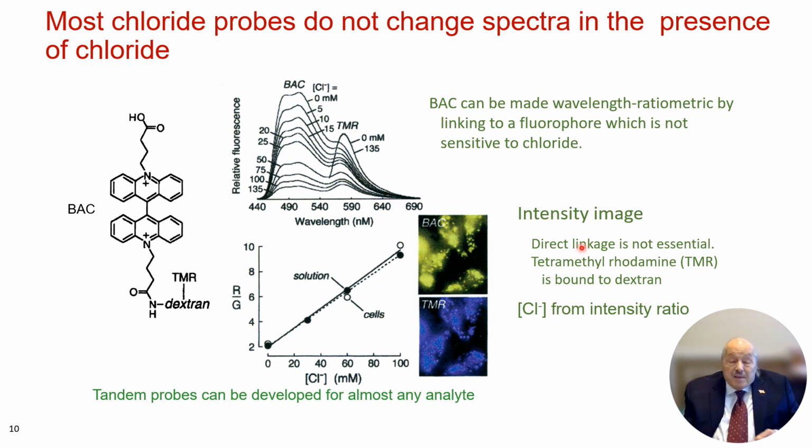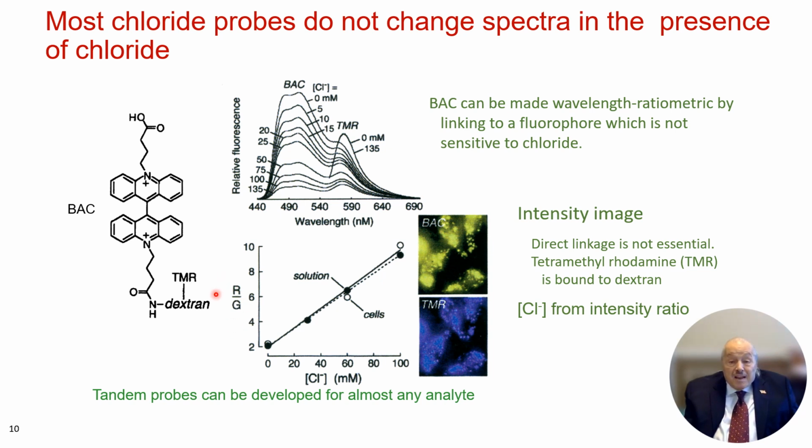They don't have to be attached that directly. This I thought was an interesting application, where what they did is they attached, this is another chloride sensitive probe. It happens to be more sensitive to chloride than the previous one, but they attached it to dextran, and also on the dextran they put tetramethylrhodamine.